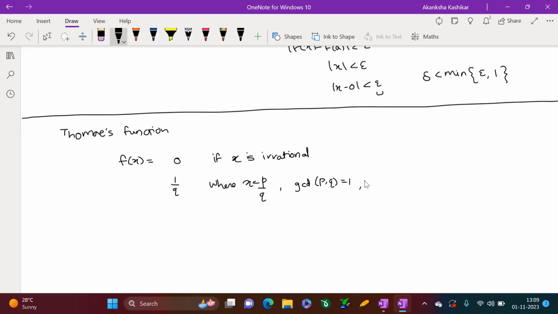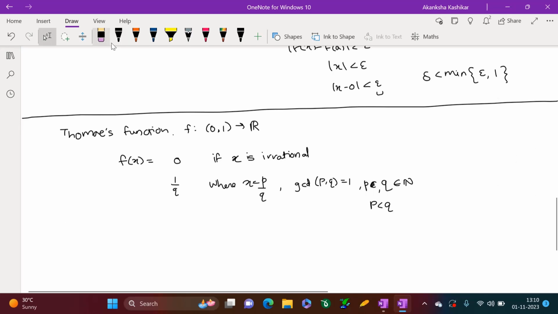And of course p and q are natural numbers, and I forgot to mention here, the domain of my function is [0, 1], so I'm not considering negative numbers and I'm also not considering numbers greater than 1. Okay, the domain of the function is just 0 to 1, so p and q will be in N with p less than q, correct? Because then only the number p/q will be less than 1.